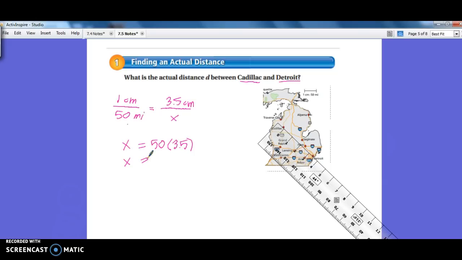So 50 times 3.5 is going to give me 175. So let's write that down. I know that the actual distance between Cadillac and Detroit is going to be 175 miles. Okay, let's go ahead and box or circle our answer.